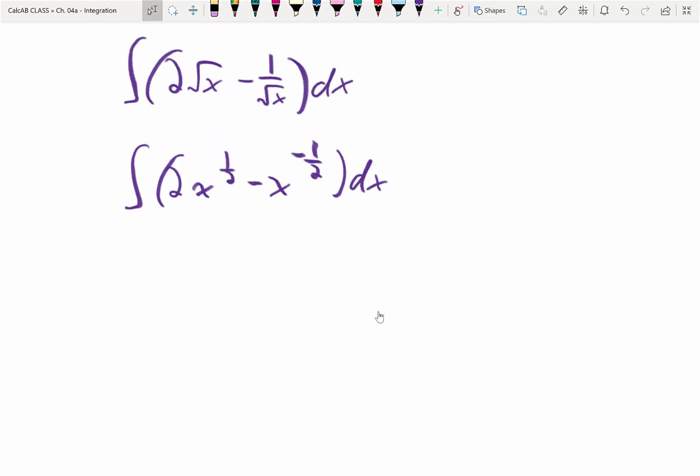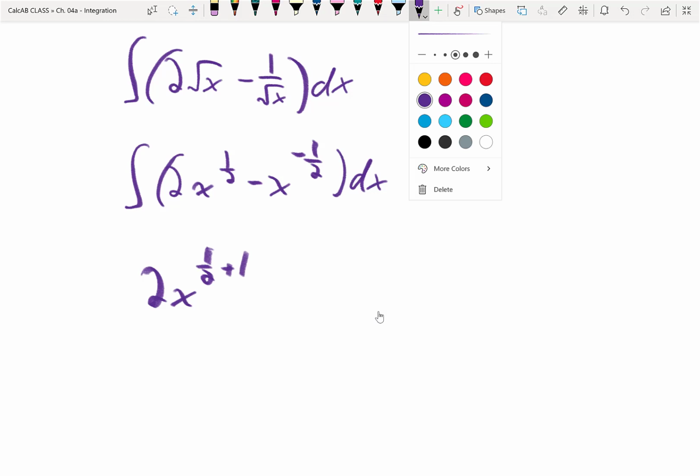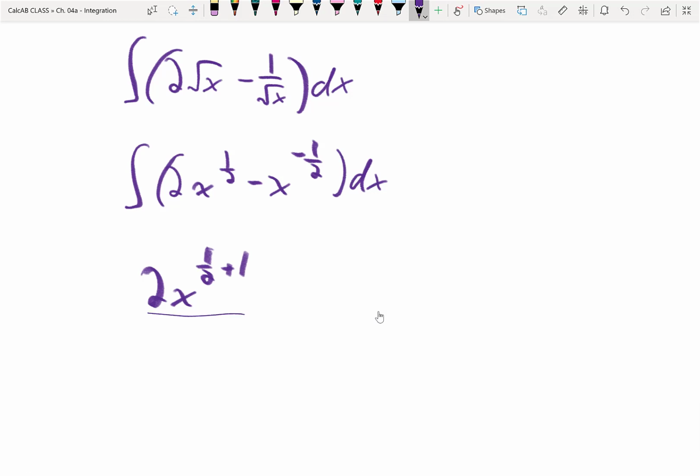Again, this is the first day you've done integrals, so let's write the first one as 2x to the 1/2 plus 1 divided by 1/2 plus 1 minus x to the negative 1/2 plus 1 divided by negative 1/2 plus 1 plus a constant.